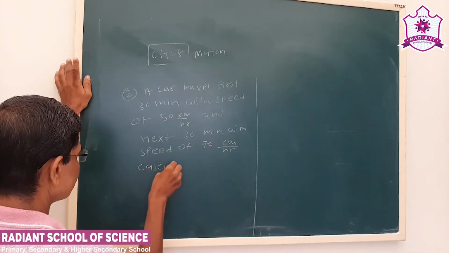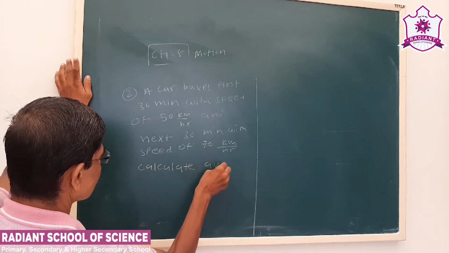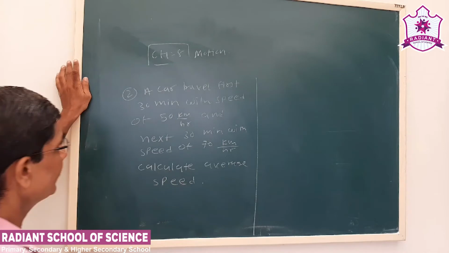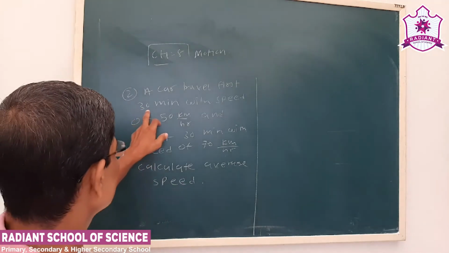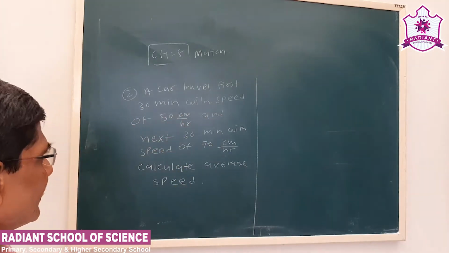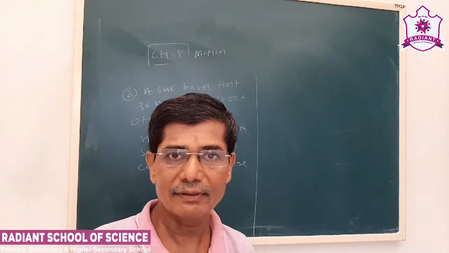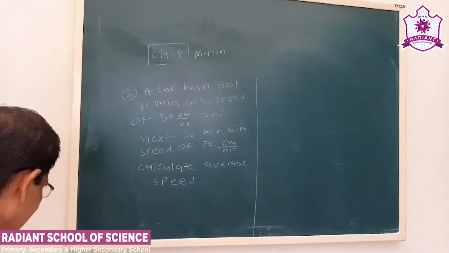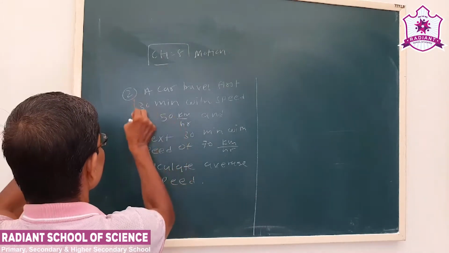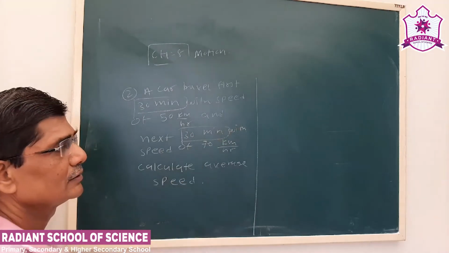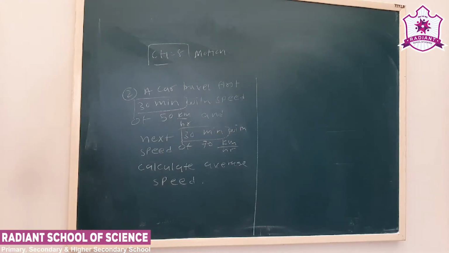Calculate. See, a car travels first 30 minutes with the speed of 50 km per hour and next 30 minutes with the speed of 70 km per hour. See, what you have to calculate is average speed. Now see here, first 30 minutes and the next 30 minutes. See what we see here, the time interval is same.